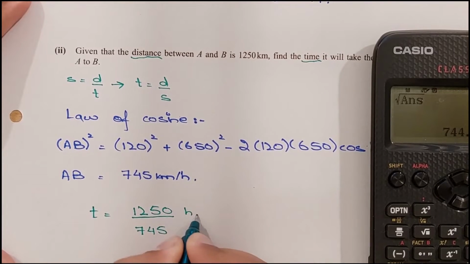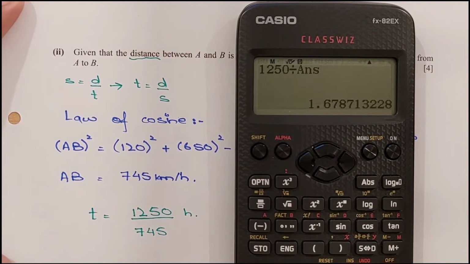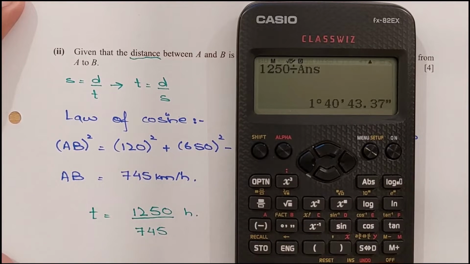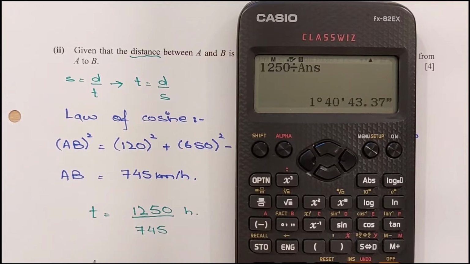So this time is in terms of hours, right? Okay, so 1250 divided by the speed. This is 1.67, or this is 1 hour and 40 minutes.